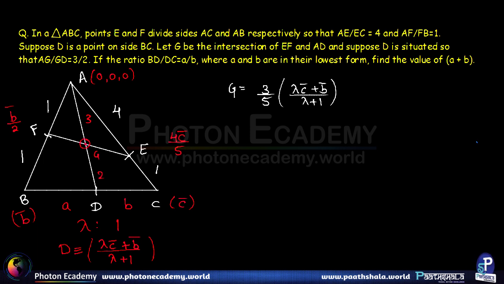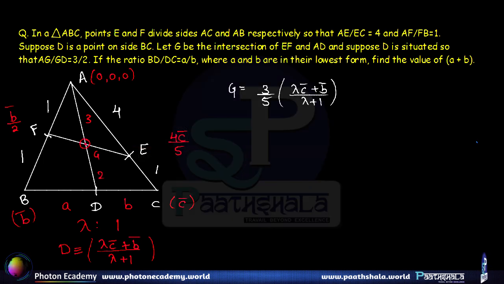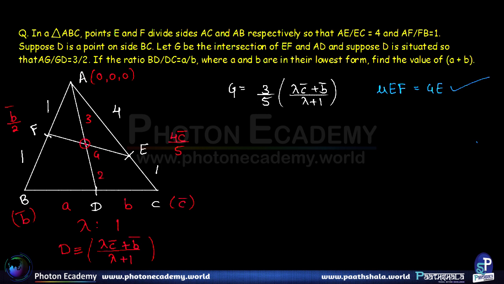So suppose we consider the case mu EF is equal to GE. So this will be okay because points E, F and G are collinear. So we can write this. So that ratio is mu. It doesn't matter if the ratio is internal or external, it's fine.